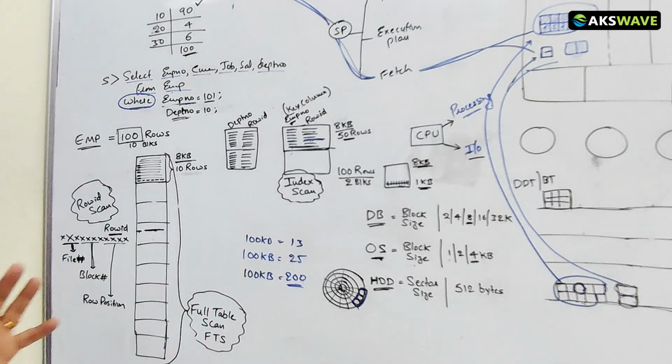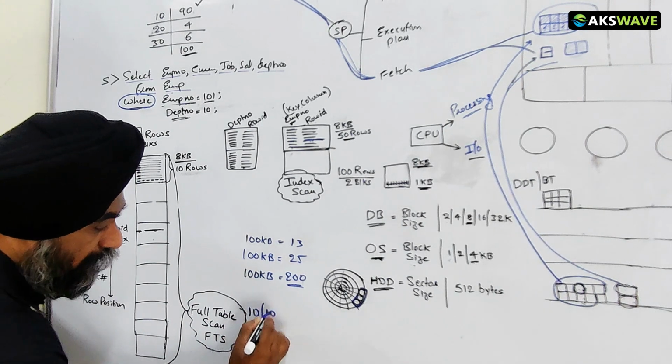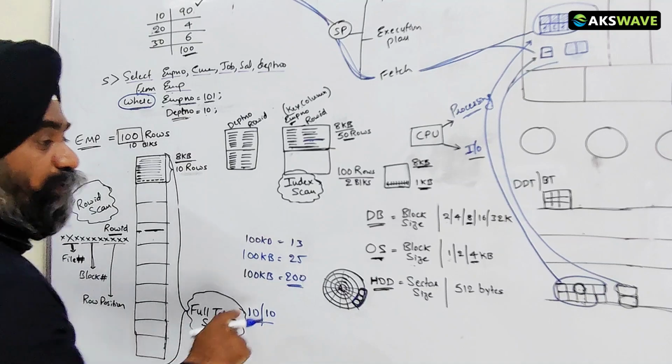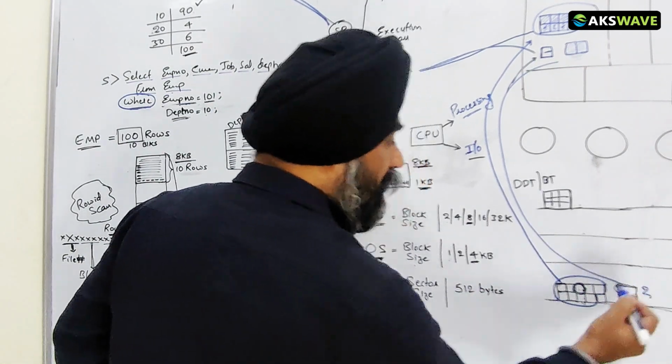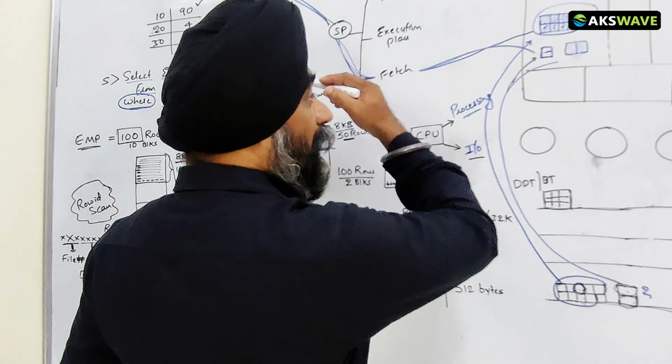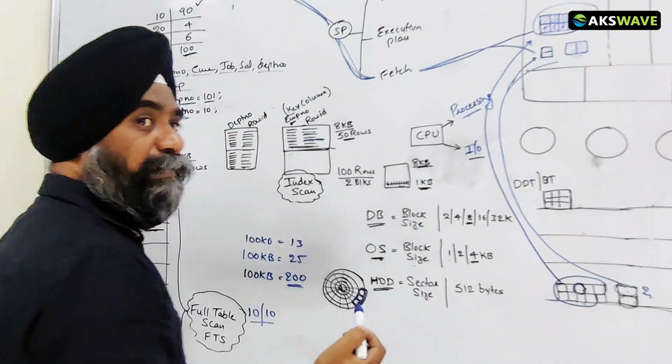Keep it in mind, there is no change in that one. Full table scan, 10 IOs and 10 scans. But if I go through this index, we got 2 on index, and on table as 90 rows are there, 9 blocks. So 9 plus 2, how much did it become?